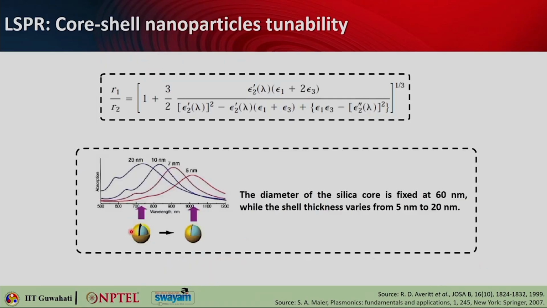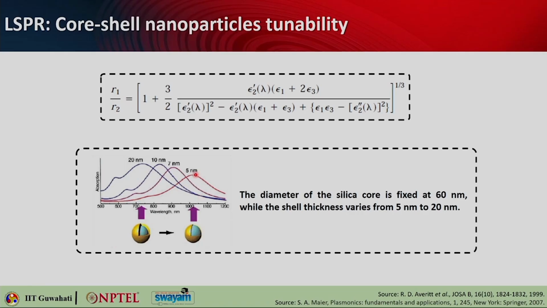So, here is another example of a silica core which is kept fixed at 60 nanometer, and then the gold thickness, or the shell thickness, has been varied from 5 nanometer to 20 nanometer. So, here it is 5 nanometer, here it is 20 nanometer.